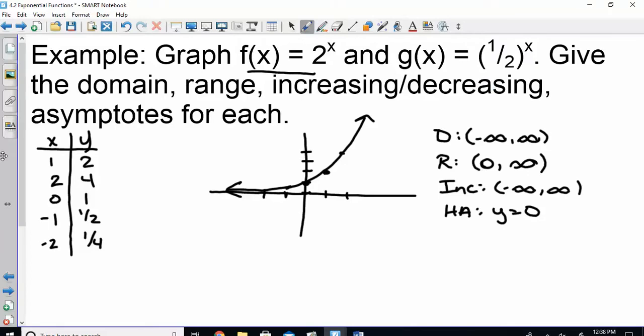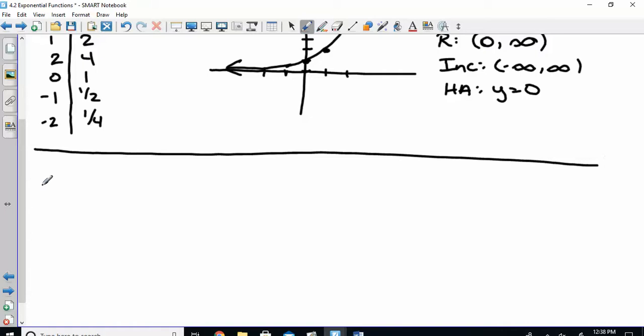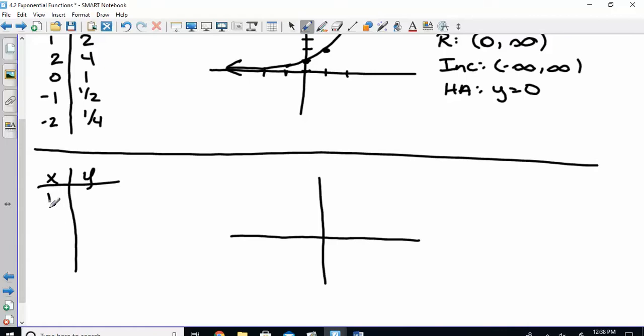Now I want to do the same thing, but I want to graph 1/2 to the x. So if you put in a 1, 1/2 to the first power is just 1/2. If we put in a 2, 1/2 to the second would be what?